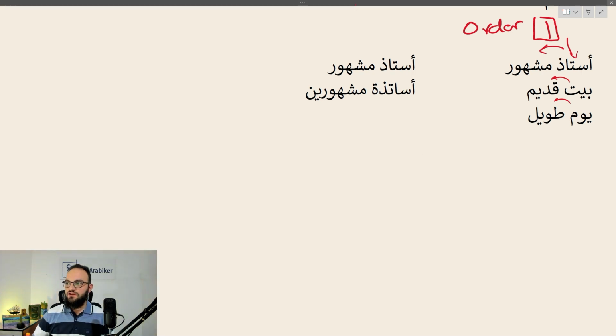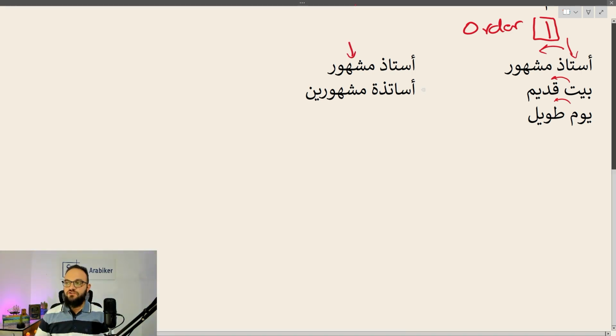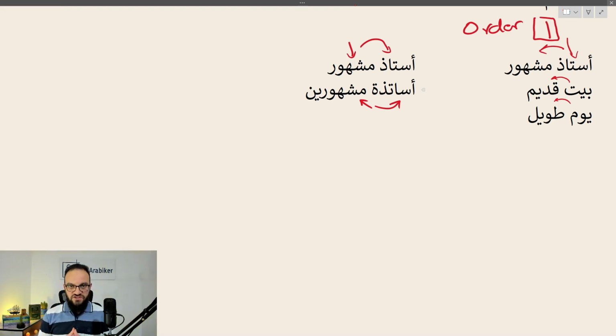As you can see here, the adjective here is singular because أستاذ is singular, a teacher, one teacher. And the adjective here, مشهورين, is in plural form because the noun is in plural form, أساتذة مشهورين. So if the noun is singular, the adjective must be singular.